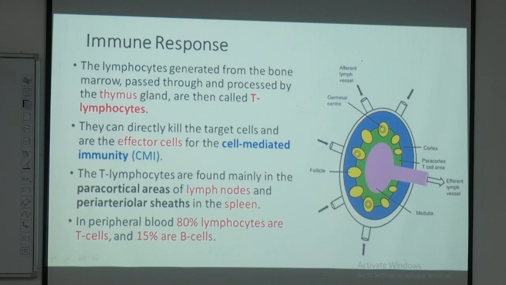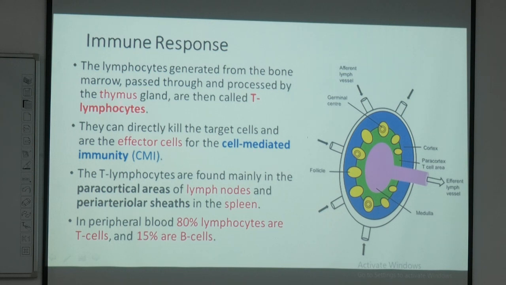Previously we read about the immunity, which we can classify into active and passive, innate and acquired. But we can also classify it into cell mediated or cellular immunity and humoral immunity. The cellular immunity is mainly controlled by the T lymphocytes, and the T lymphocytes originate from the thymus.